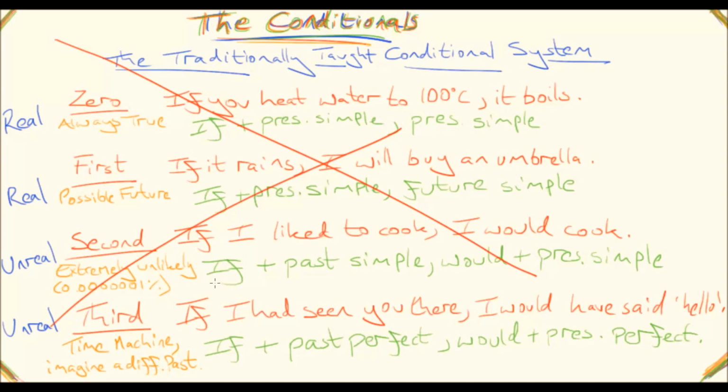As you continue to look at more complicated or more advanced grammatical ideas within English, this is just not going to help you at all, and it's going to be my job now to try and teach you something that will help you in so many areas, not the least of which being the conditional systems itself. So let's continue and have a look at the newer system, I suppose.